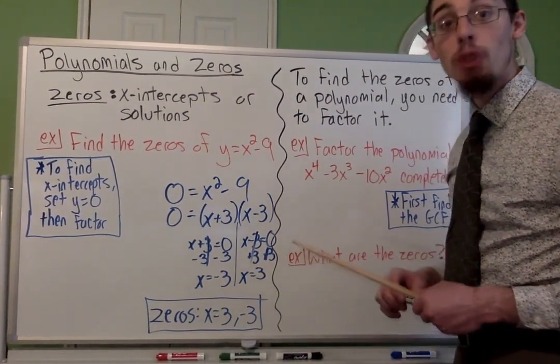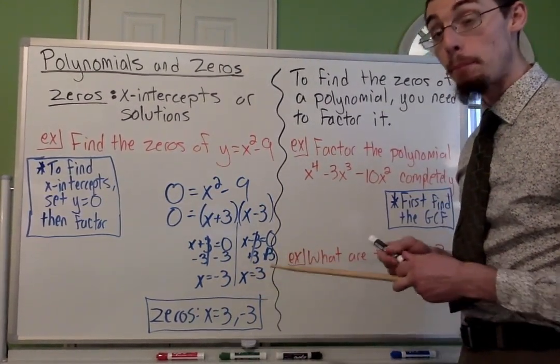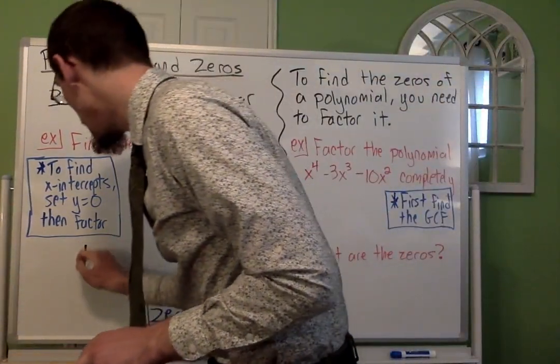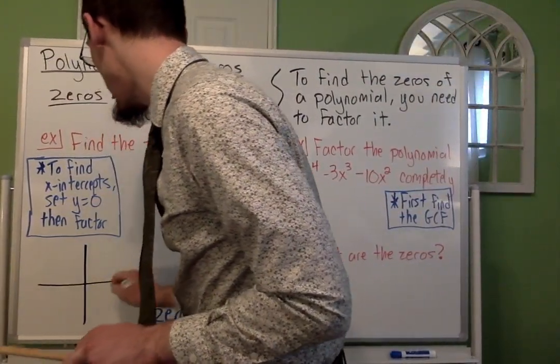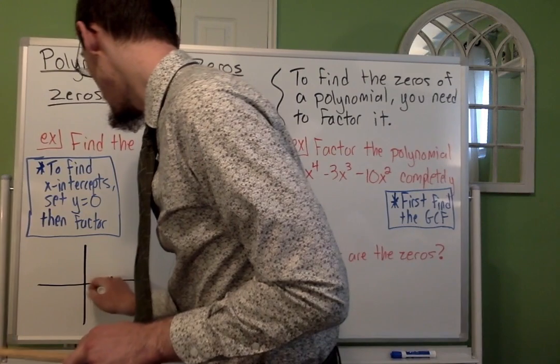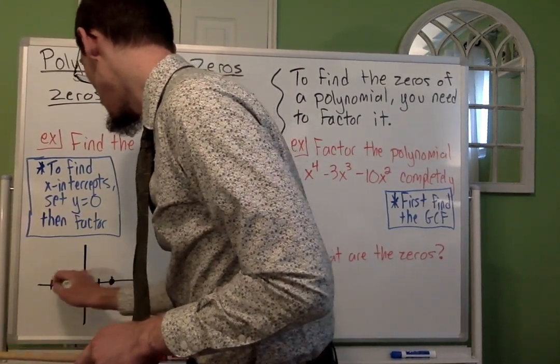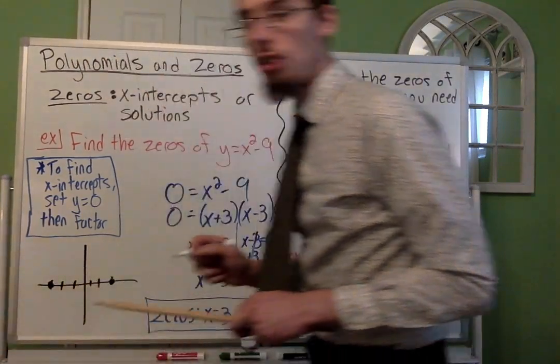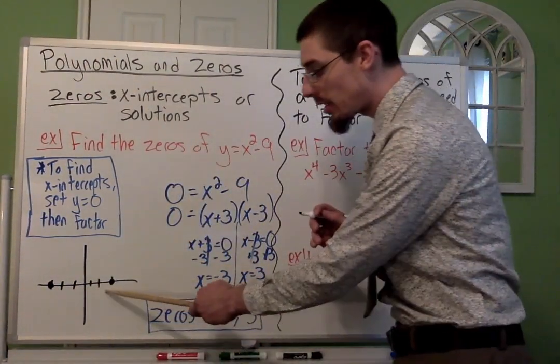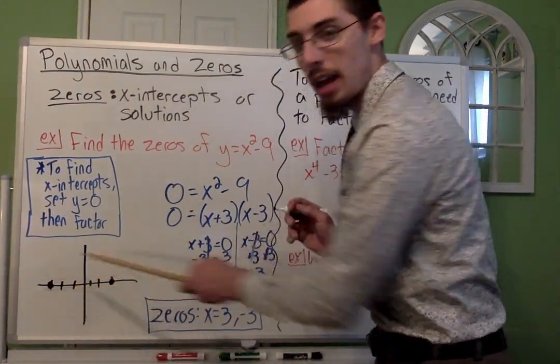So again, remember what that means. If I was looking at a graph, you would have x-intercepts at positive 3 and negative 3.